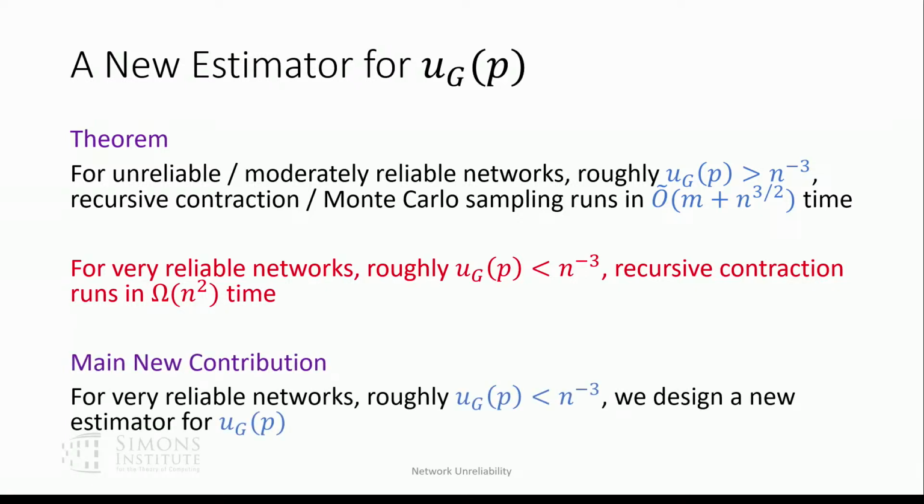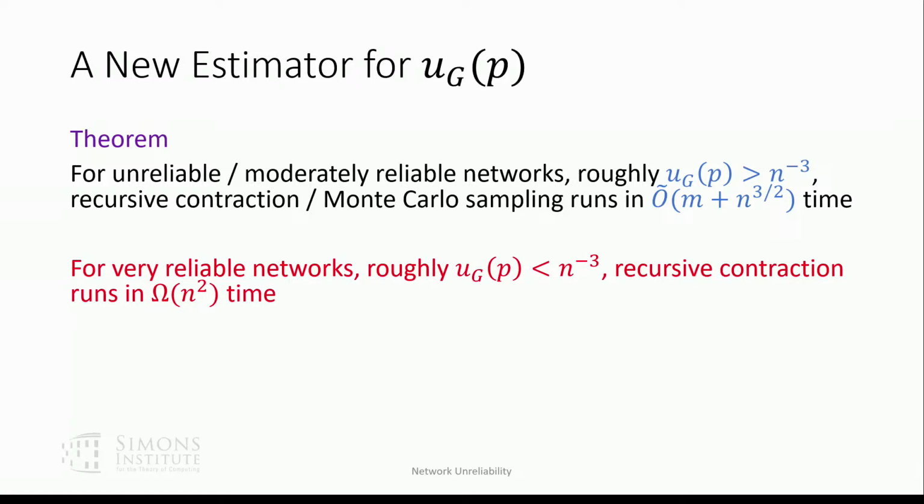Sorry, are you saying there's like a phase transition in the running time at exactly this number? No. So for certain graphs, it depends on what the graph is. You can construct specific types of graphs where, when u becomes smaller than n to the minus 3, I don't think it's a phase transition.